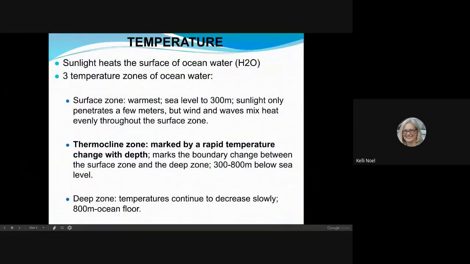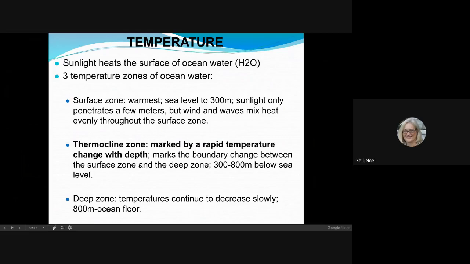So, sunlight. Hold on. Okay, so in the first blank, you're going to put sunlight heats the surface. So, sunlight heats goes in the first blank.